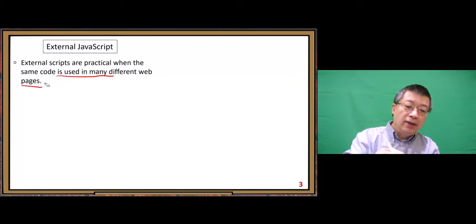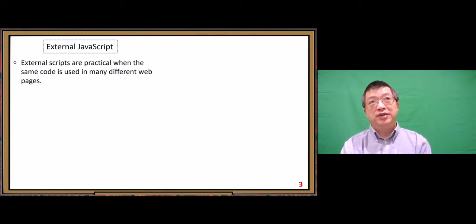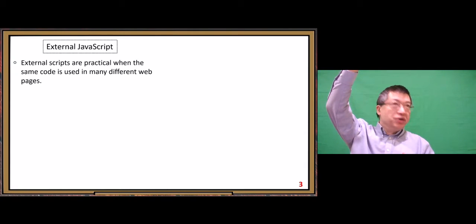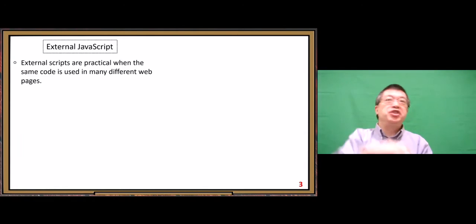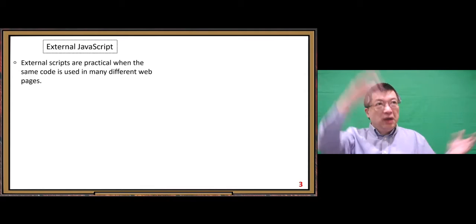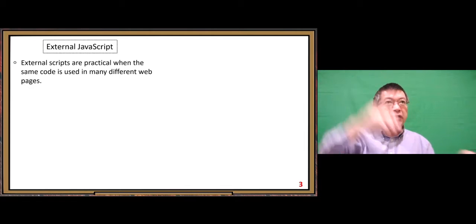There are some other reasons, especially when you have a large number of JavaScript functions. You don't want to put them inside your HTML file. Think about it, if you have hundreds of JavaScript functions, do you want to put them in the header section of your HTML?